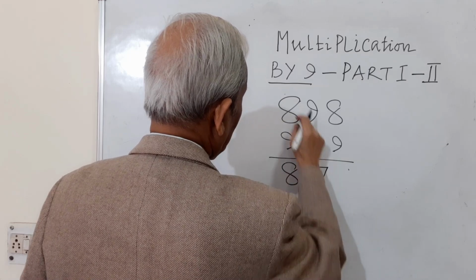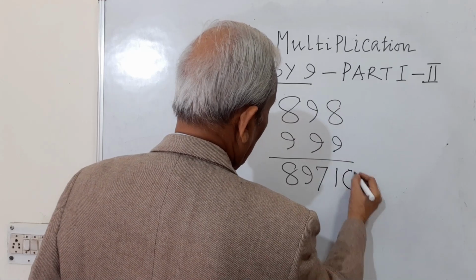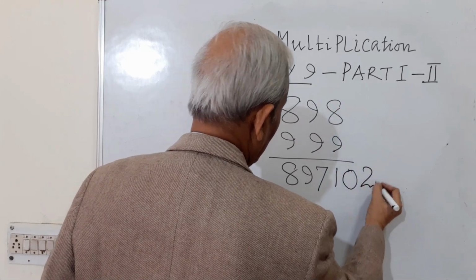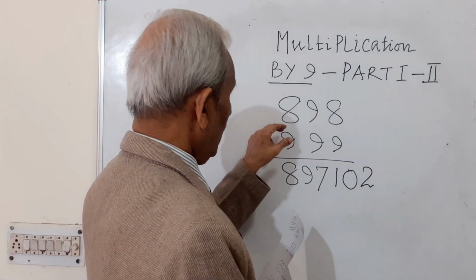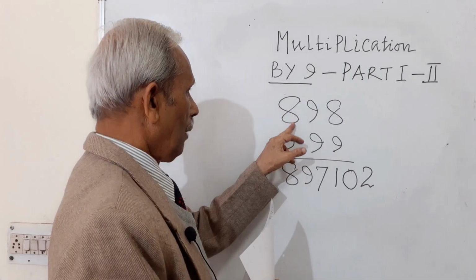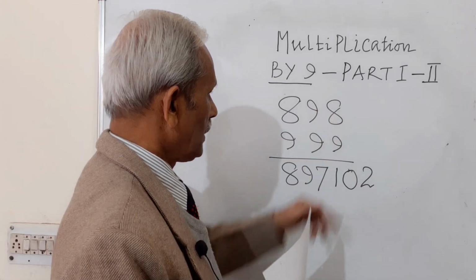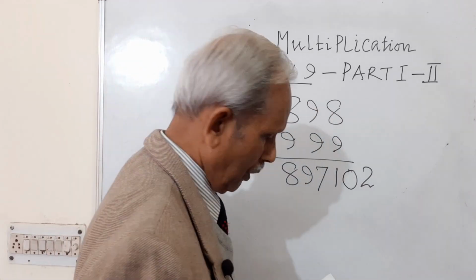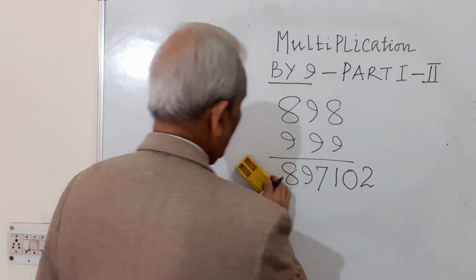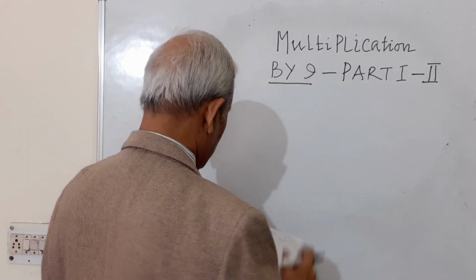And the complement of this: 9 minus 8 is 1, 9 minus 9 is 0, and 10 minus 8 is 2. Subtract 1 from 898 to get 897, and the complement is 102. Answer is 897102. So now let us see another problem which is a little bigger.